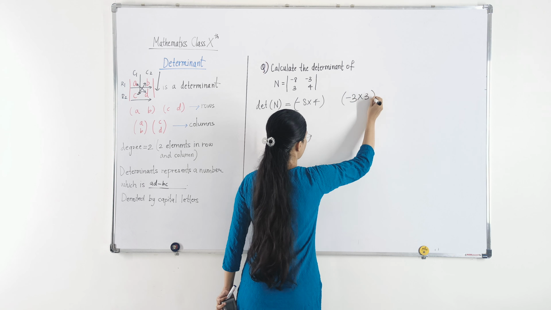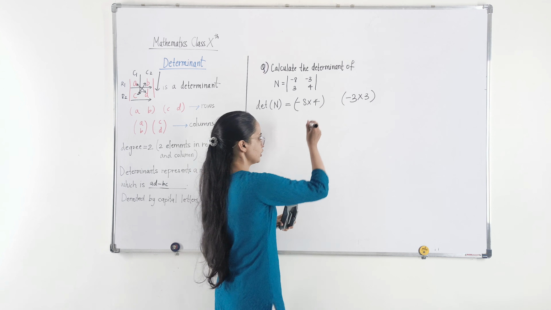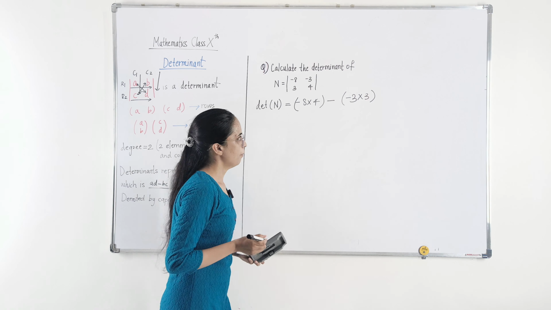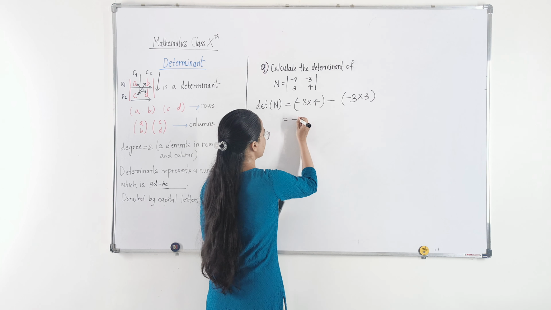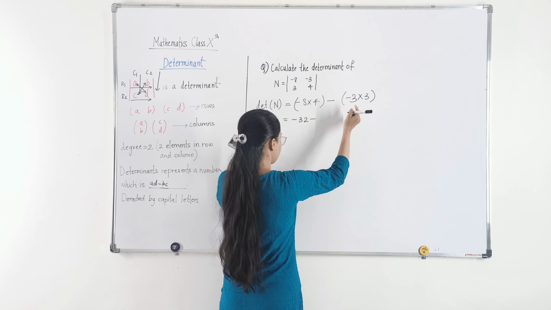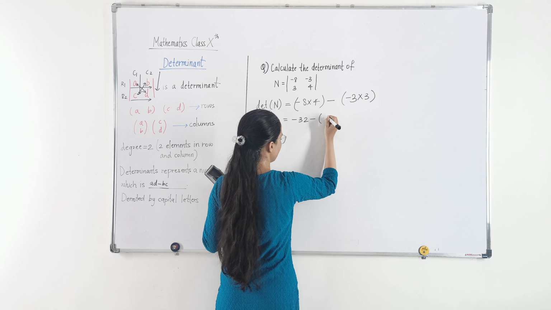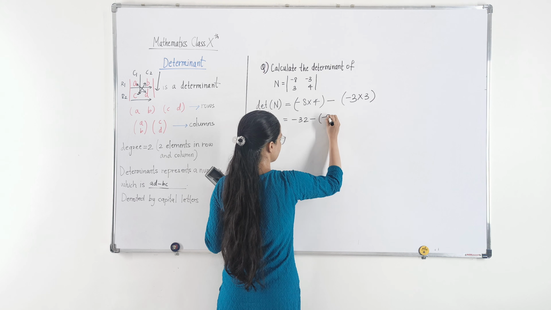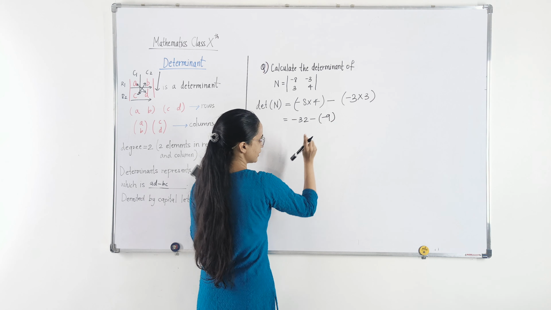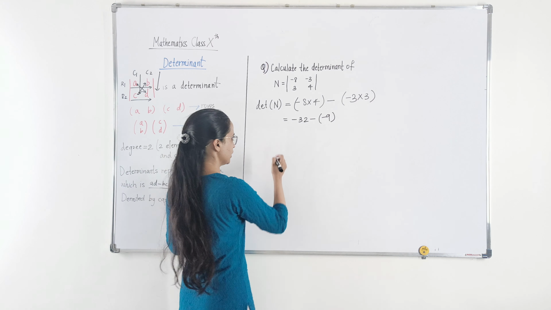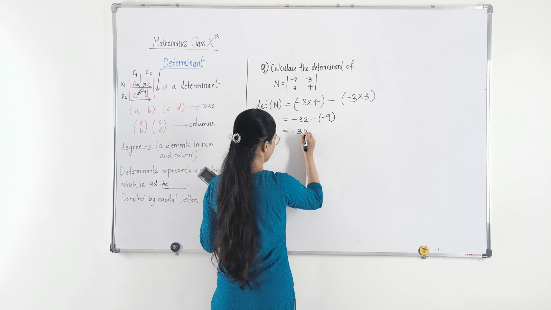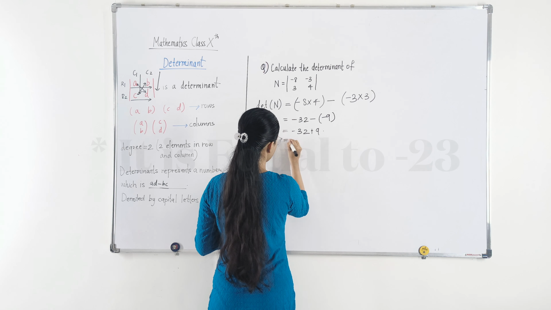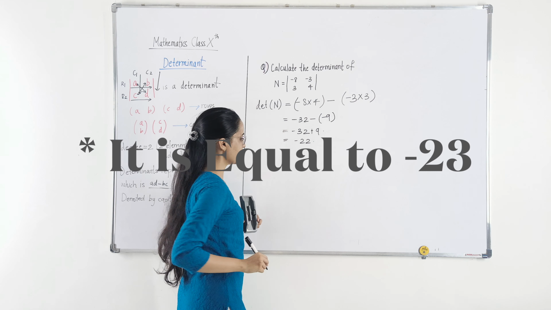So you have minus 3 into 3. Now once you have got this, you have to just subtract both of them. Minus 8 into 4 is minus 32, right? Minus 3 into 3 is minus 9. Now we all know that minus into minus will give us plus. So we get minus 32 plus 9, that is equal to minus 22.